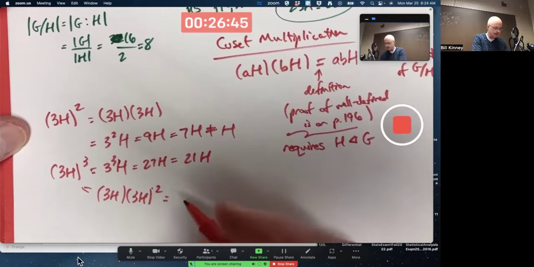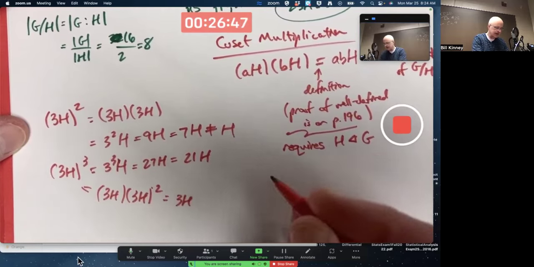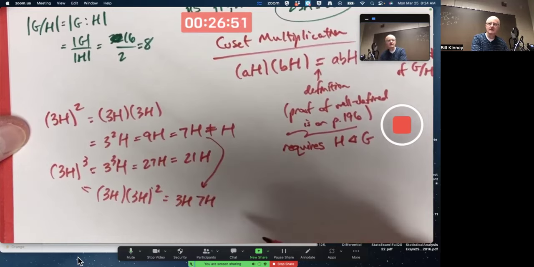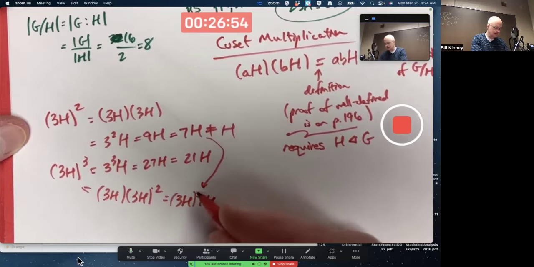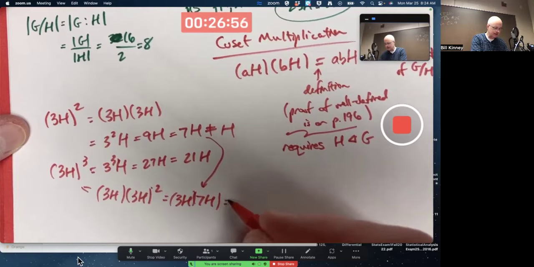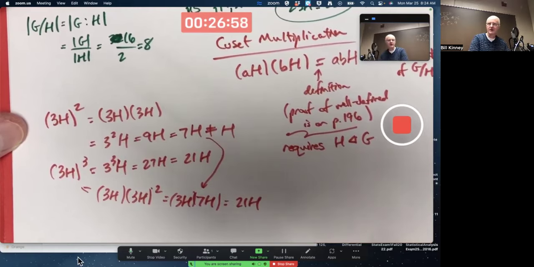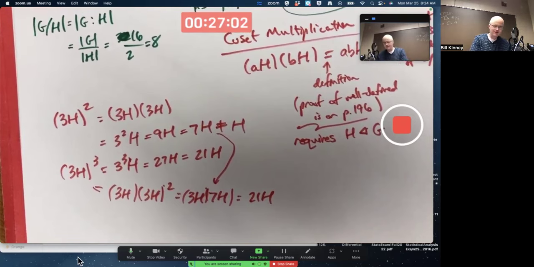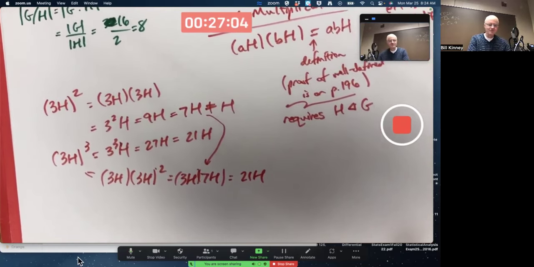In other words, 3H times the previous answer you got, 7H. But that also can be seen to be equal to 21H. Either way you do it, you have to get the same answer. You see that I did that 2 ways there? Got the same answer. I had to.